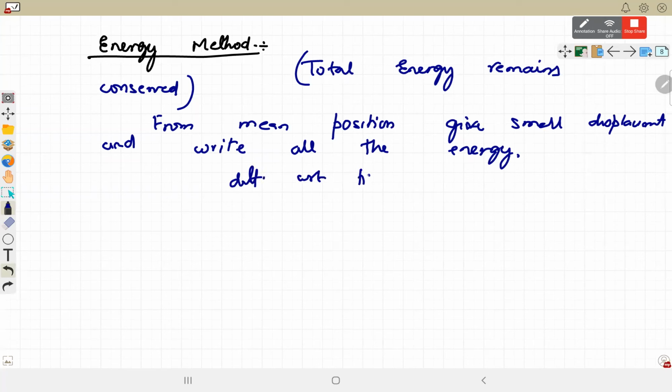We'll take one example to prove this. dE by dt will be equal to 0. From this differentiation we get the relation between acceleration and displacement.